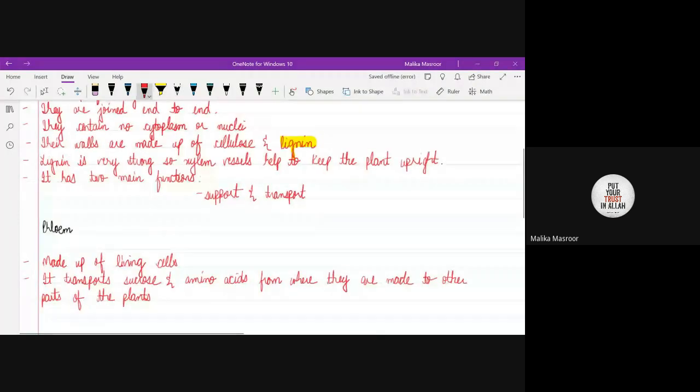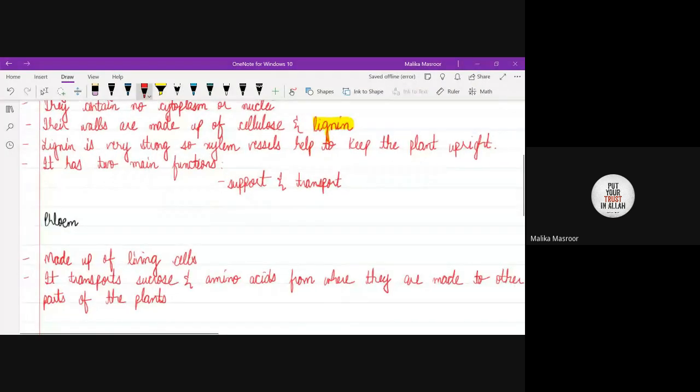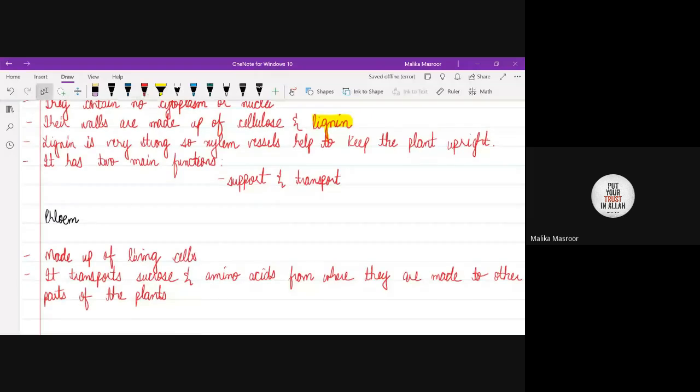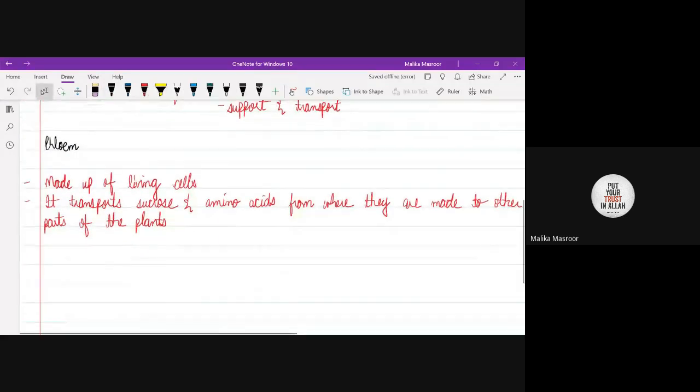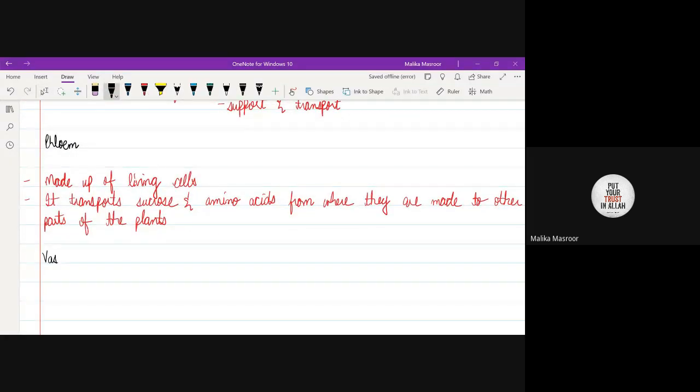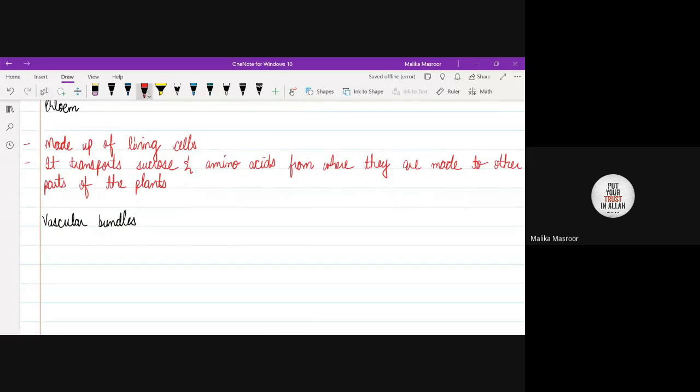Now let's talk about your vascular bundles. Okay, vascular bundles are basically a group of xylem vessels and phloem tubes.